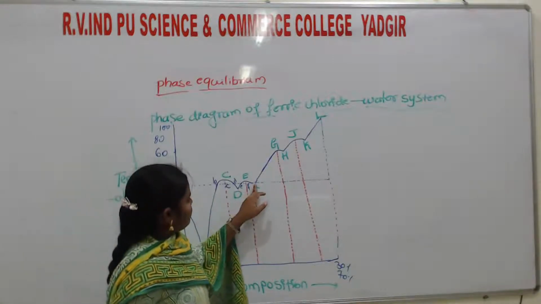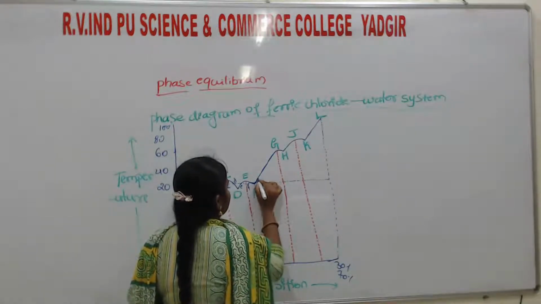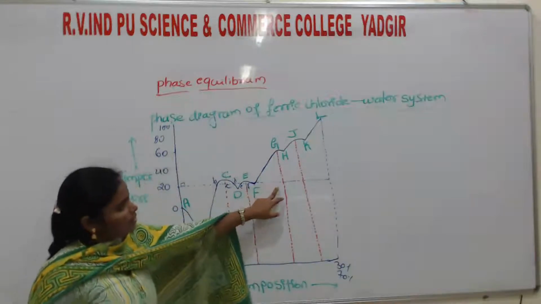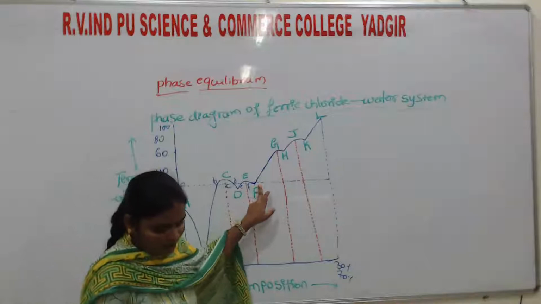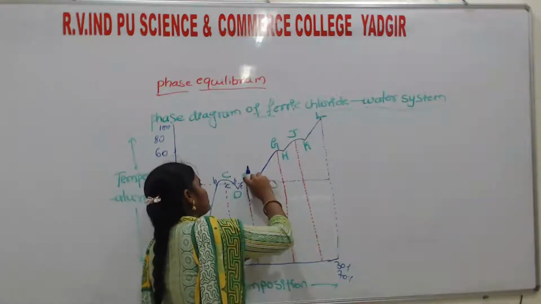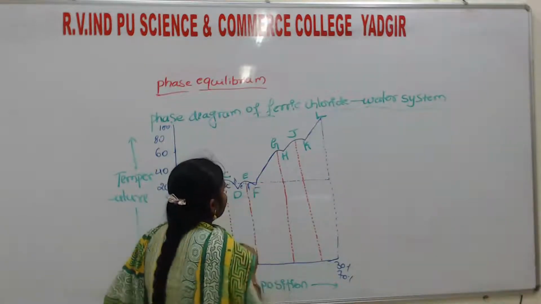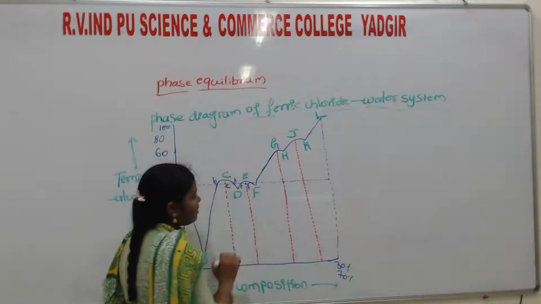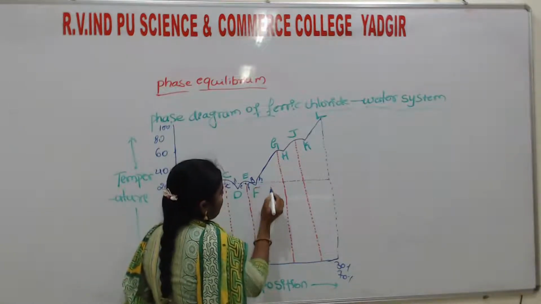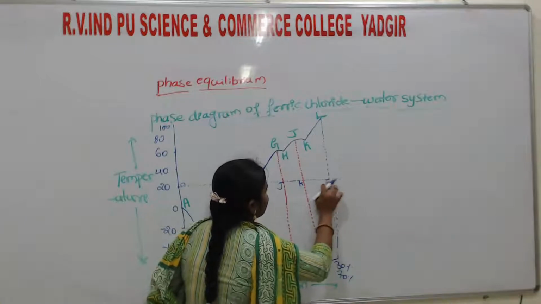A, B, C, D, E, F and here G. This coincident point is F, this is G, this is H, J, K and this is F. These are small labels.